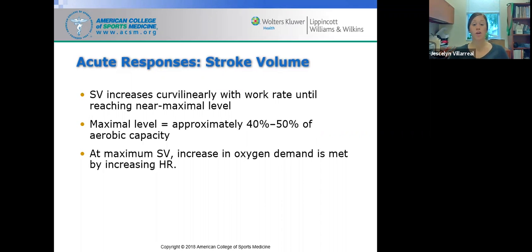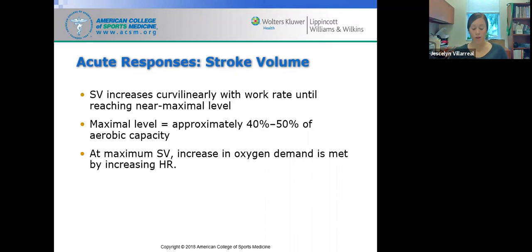Looking at stroke volume as an acute response, this is curvilinear. So now, instead of linear as heart rate increases, we're looking at curvilinear, up until we reach a maximal level of 40 to 50% of aerobic capacity.